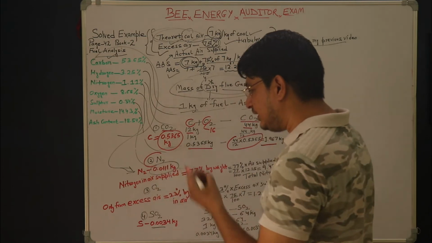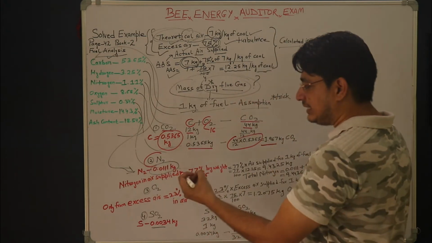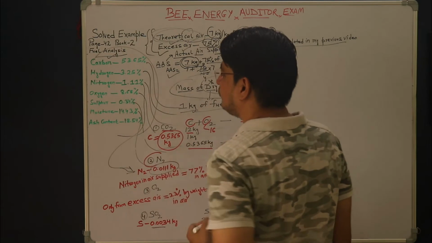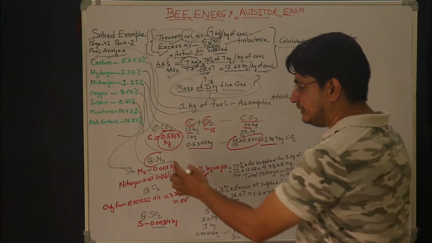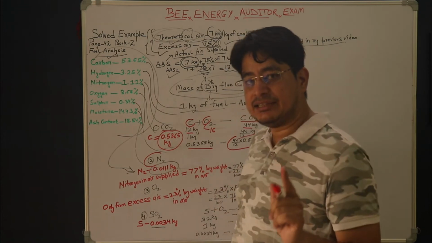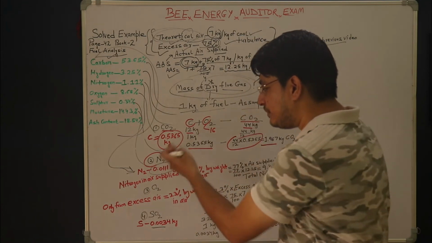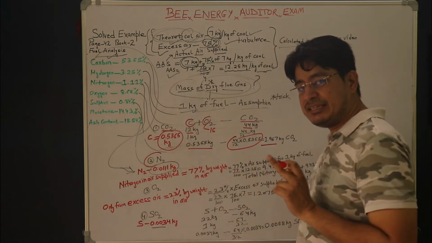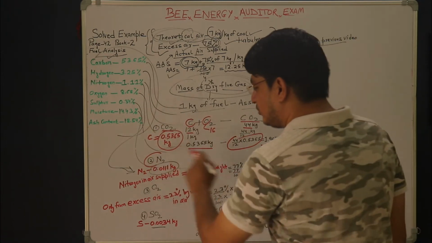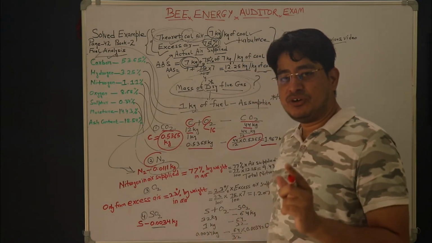This is a very unique concept. The nitrogen is already present in the fuel itself, that is 0.0111 kg, and this nitrogen does not take part in the combustion reaction. It passes as it is into the dry flue gas. One thing you must note here is that nitrogen is the prime constituent of air.